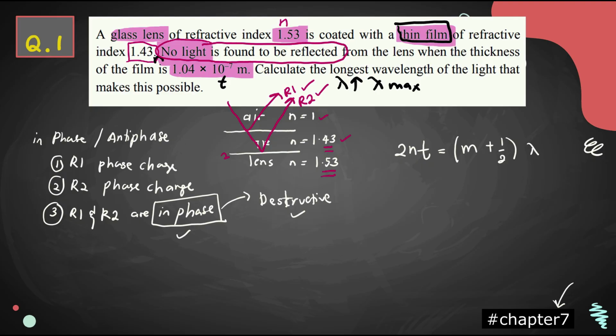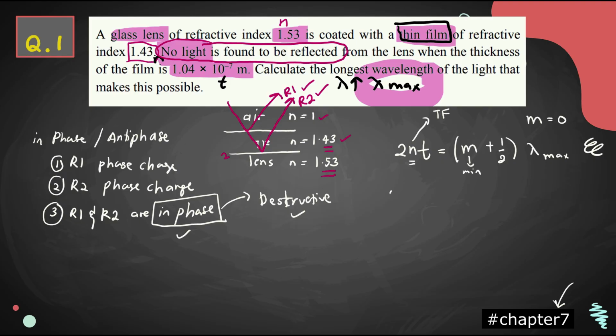The question asks us to get the maximum wavelength. Maximum wavelength means the order number is minimum. So in this case, the order m should be equal to 0. Here n must be n for the thin film.